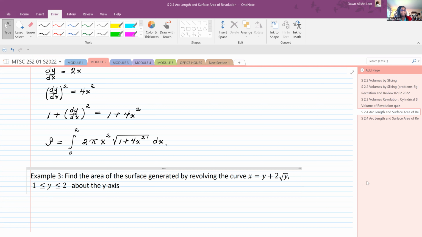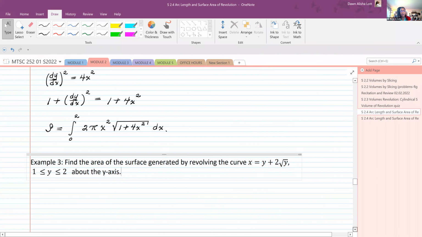Okay. Find the area of the surface generated by revolving the curve x is equal to y plus 2 times the square root of y, between 1 and 2, about the y-axis. Okay, so we're going about the y-axis, and I need to know what this looks like. We can graph it.